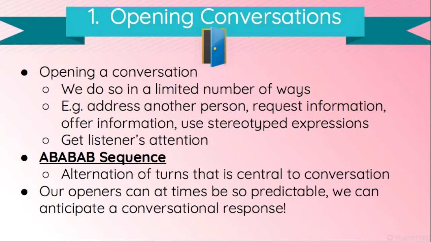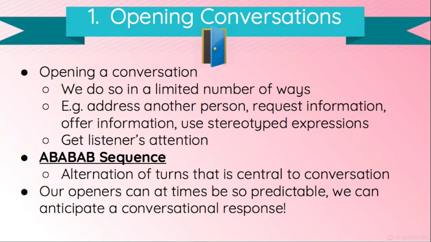Now let's talk about the ABAB sequence. As I mentioned, conversation involves turn taking. Usually people don't talk at the same time. So the ABAB sequence tells you that there's an alternation of turns that is central to conversation. Speaker A talks first, and speaker A could throw a question at speaker B, and speaker B could say something as well and throw it back to speaker A, and so on.